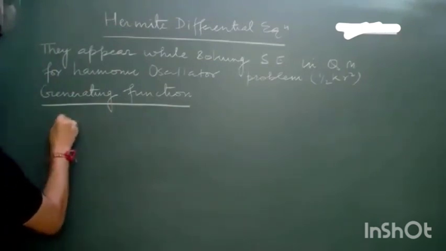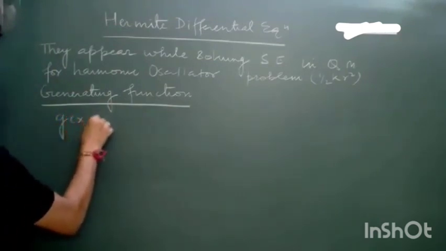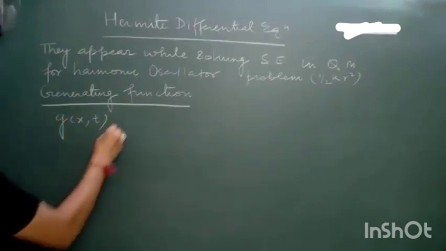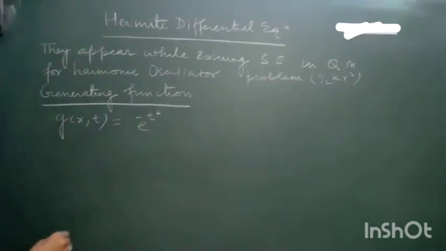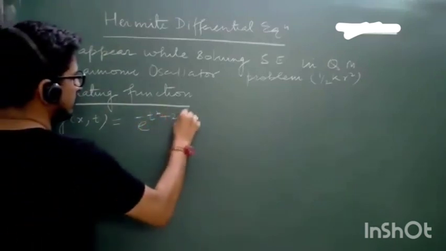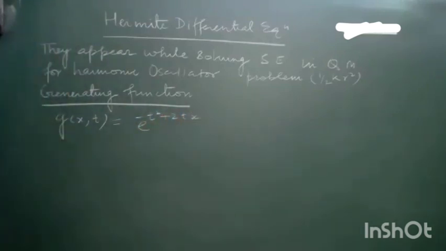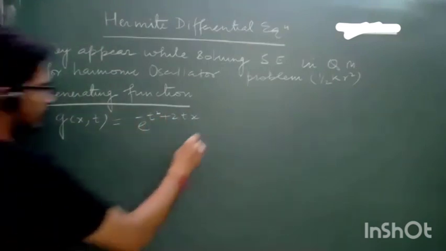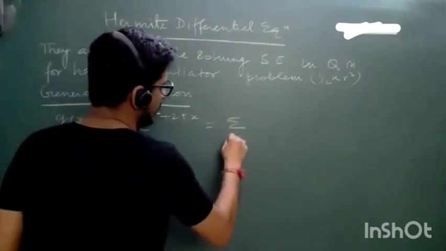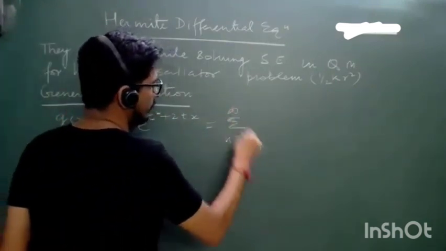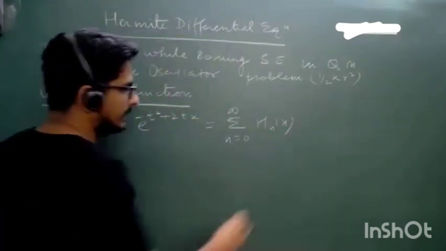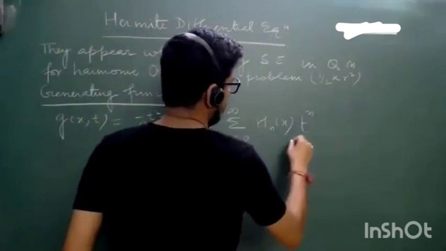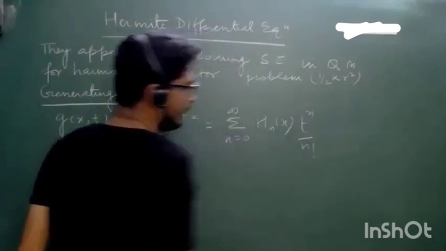It is already given that g of x comma t is equal to e to the power minus t square plus 2tx, which is equal to summation n is equal to 0 to infinity H n of x and t to the power n by n factorial.